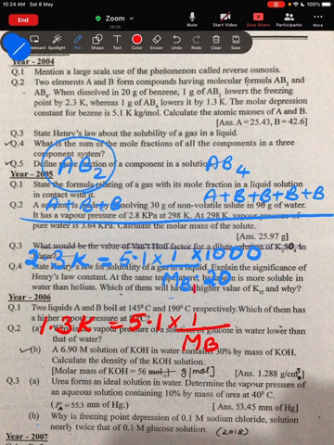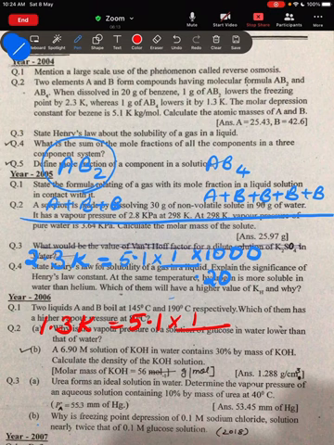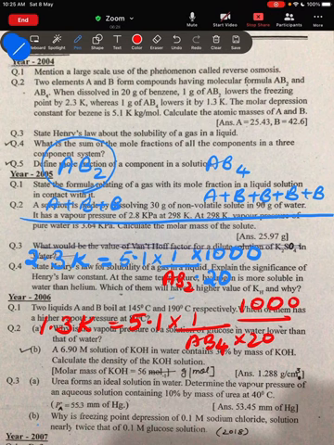So I am writing it as molar mass of AB2 here and molar mass of AB4 here, again into 20 upon 1000. So by using this you can find out the molar mass of AB2 and the molar mass of AB4.